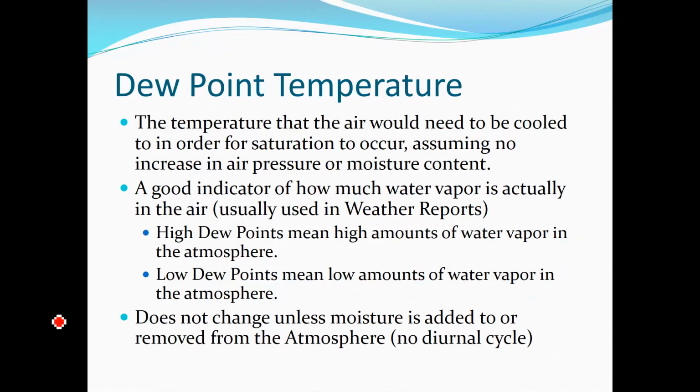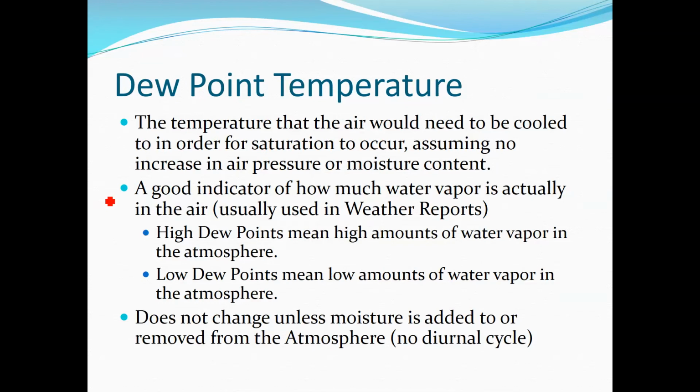This is actually a great indicator of how much water is present in the atmosphere. In fact, I would rather you know this more than absolute or specific humidity or water vapor mixing ratio. Just know that those change only with moisture content. This also changes with content, and it's really a key useful variable.